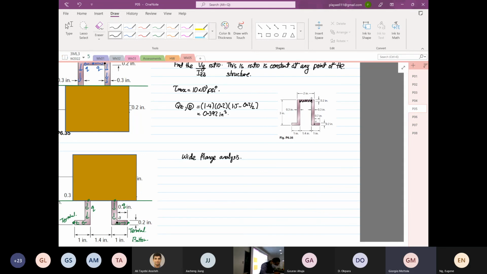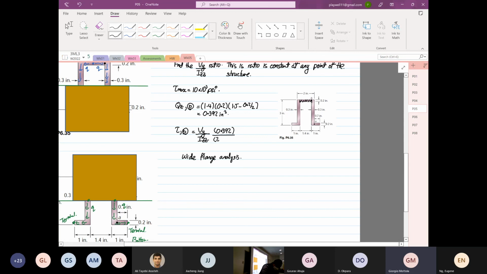Okay, so now we want to find the shear stress at point B, which is equal to Vy over Izz. The y is 0.39, the Q bar, the first moment, is 0.392.